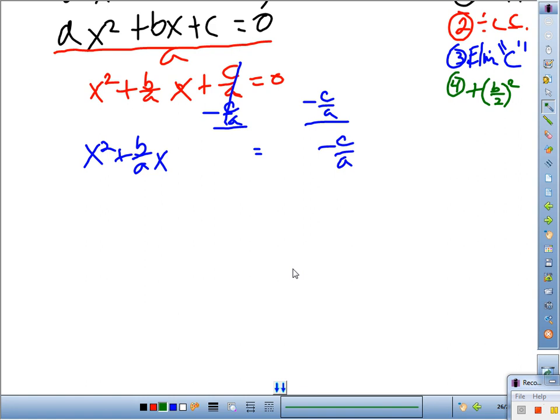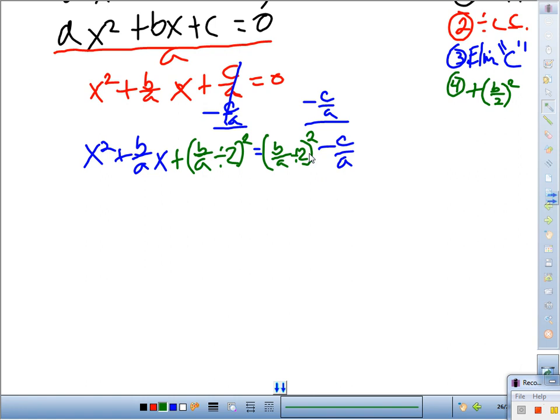Just write the parentheses. Don't keep going further. Just do one step at a time. Let's see. Who did this? Add b over a divided by 2, squared. Hands if you got that.